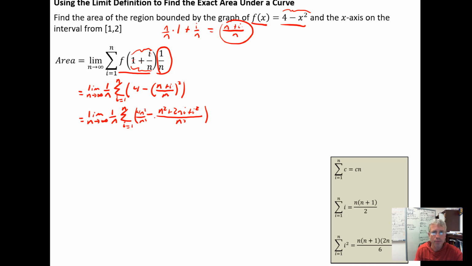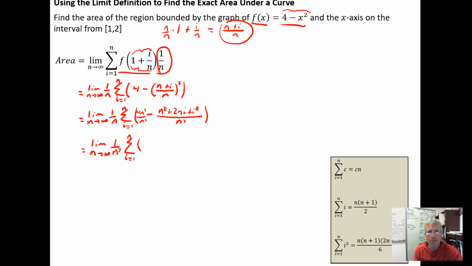So if I do that, I'll get the limit as n goes to infinity of, I have an n squared showing up in each denominator, so we can factor the n squared out because it's a constant. So I'll get 1 over n times n squared is n cubed, times the sum from i equals 1 to n, and I factored the denominator out, so I'll just get numerator terms.